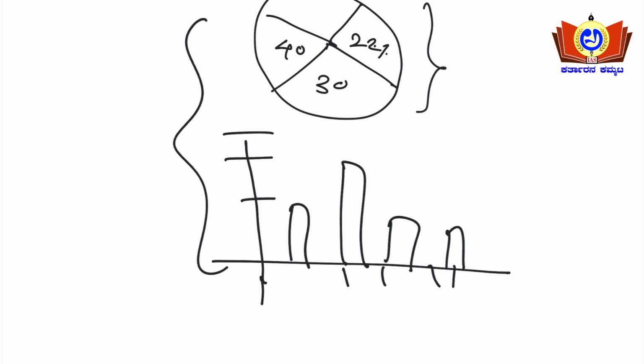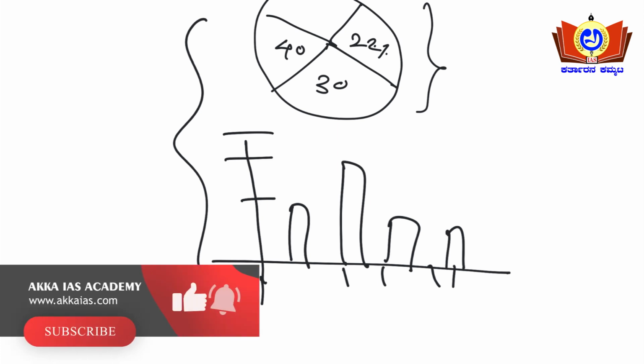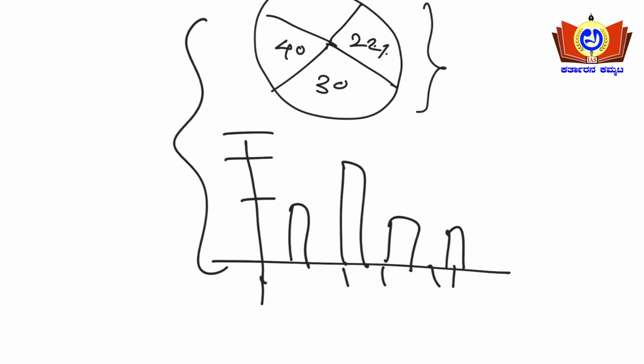And see here guys, these data interpretation questions are not a new concept, okay? Data interpretation is based upon the earlier concepts I have dealt with. It may be ratio and proportion, percentages, averages, and also profit and loss.